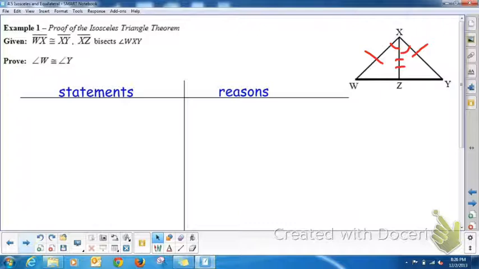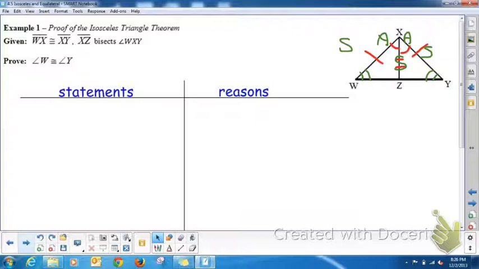Then you can prove that these two triangles are congruent using side, angle, side. So if we can prove they are congruent using side, angle, side, then we could prove that their corresponding parts are congruent, using corresponding parts of congruent triangles are congruent.